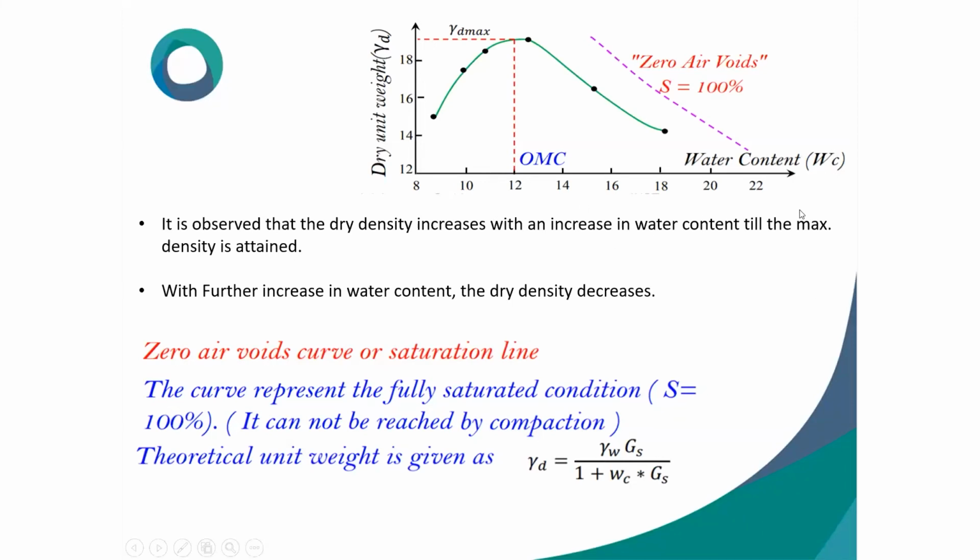You take water content on the x-axis in percentage and density on the y-axis. Then you plot. See, this is the maximum dry density. This is the optimum moisture content. And this is the zero air void. The saturation is 100%.